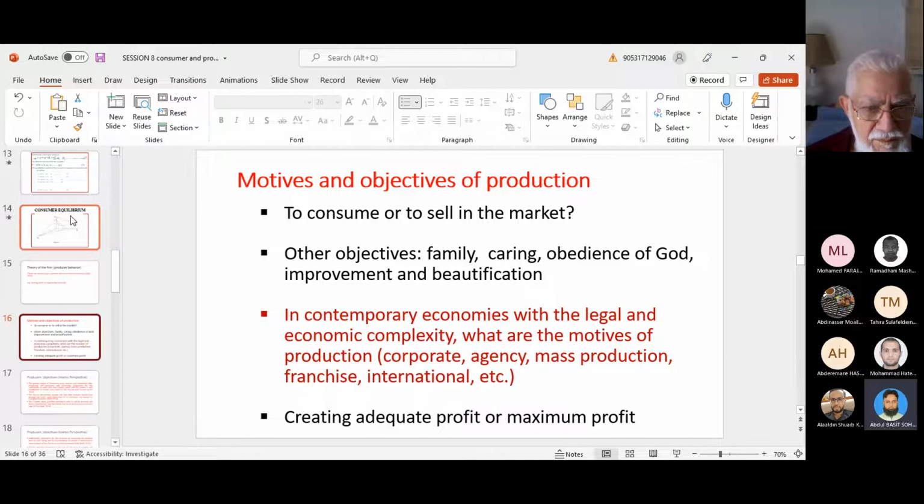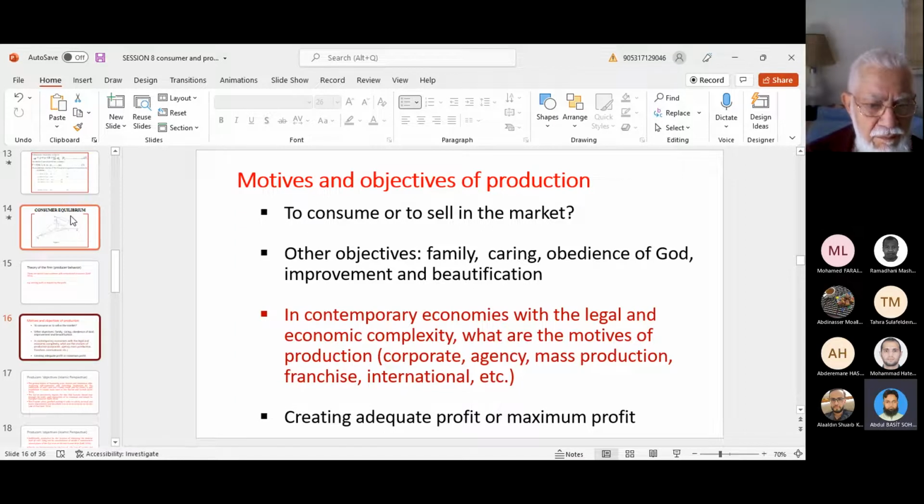Other objectives may be family care, obedience of Allah, improvement and beautification. In contemporary economics, with legal and economic complexity, what are the motives of production? Corporate, agency, mass production, franchise, and international, etc.